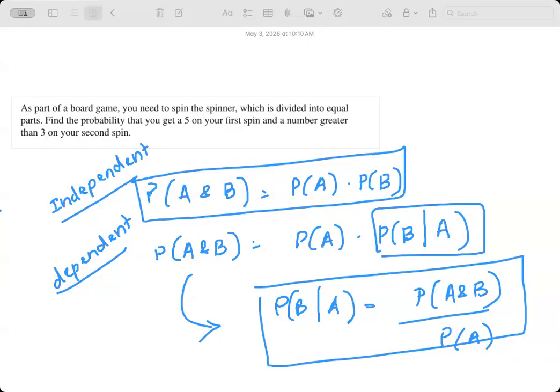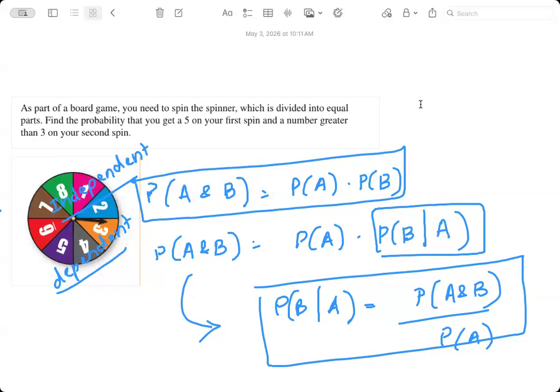Find the probability. Oh, you don't have the spinner here? That's sad. Hold on, I need to give you the spinner then. That's the spinner.